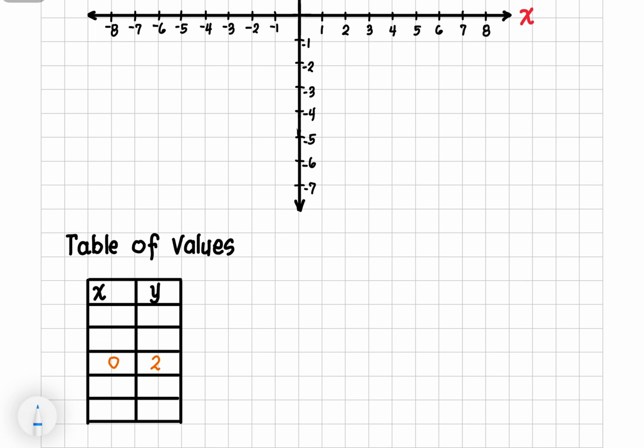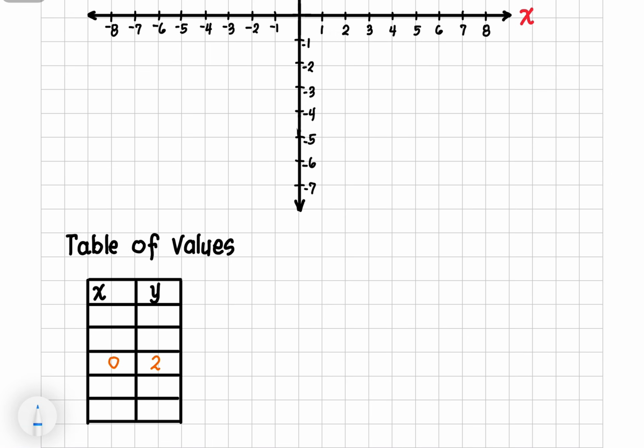So 1, and then 8. Why is 1 included? Because 1 times 1 times 1 gives us 1. And 8 is 2 times 2 is 4 times 2 is 8. Okay? There are many more perfect cubes.